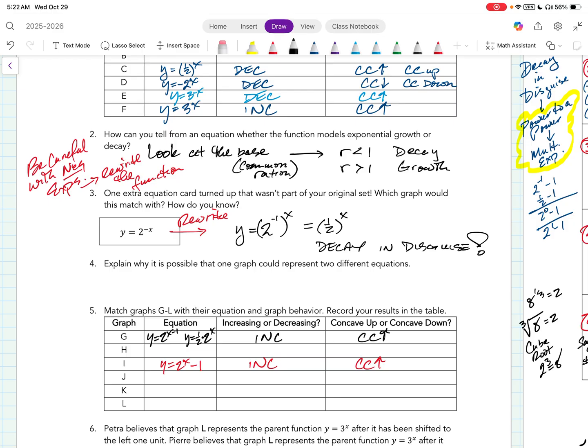Okay, they can be manipulated using the exponent properties. So exponential functions can be manipulated using exponent properties.